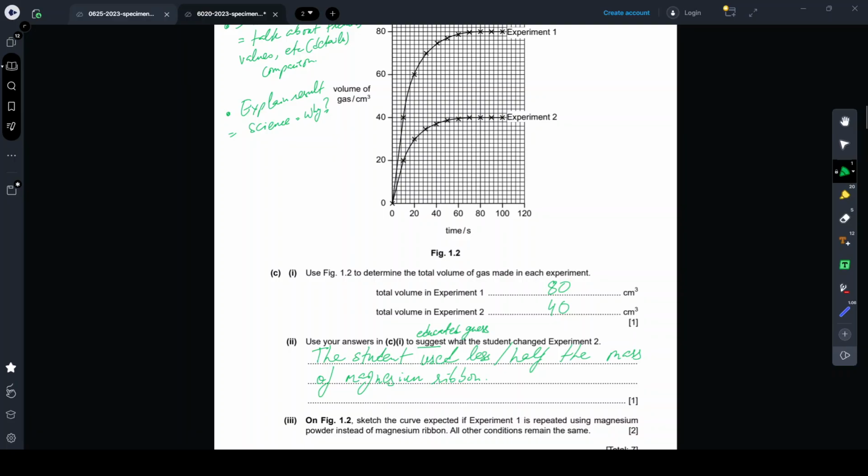Haram, you can take over. Do you understand the question? No. Okay. Now, what affects the rate of reaction?